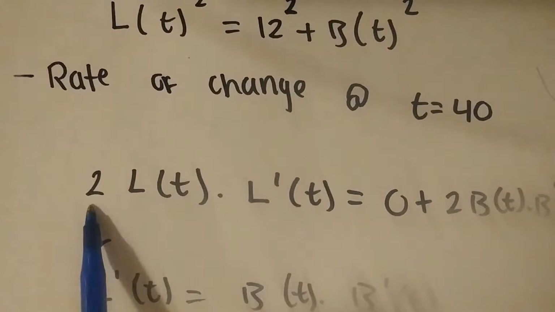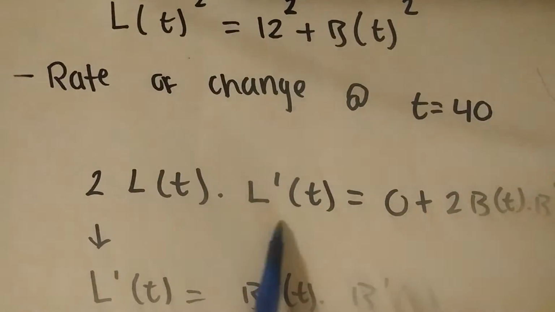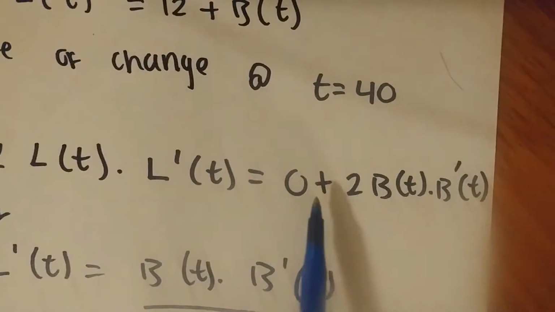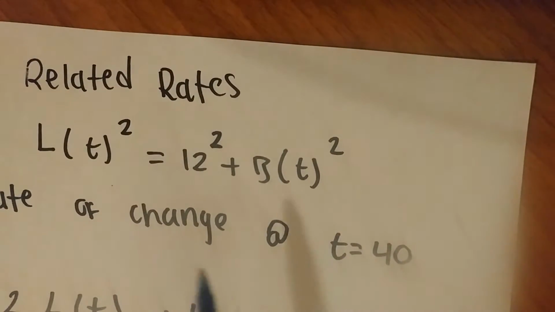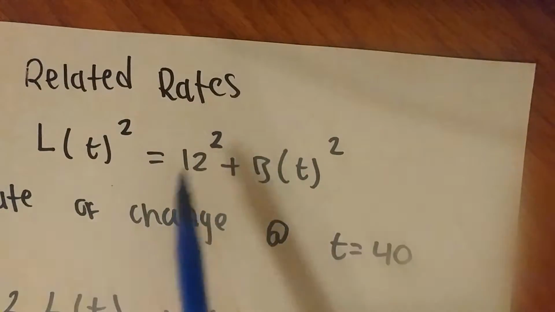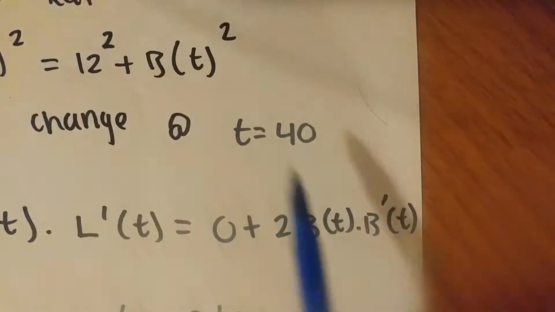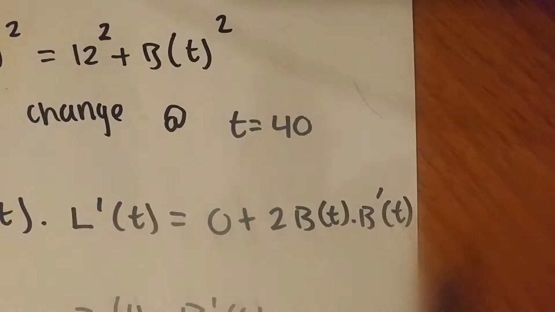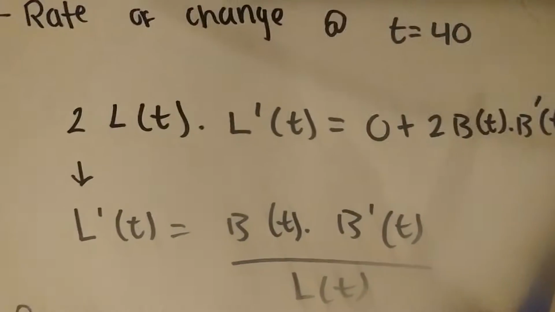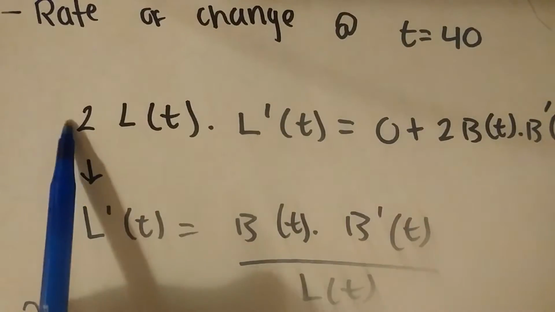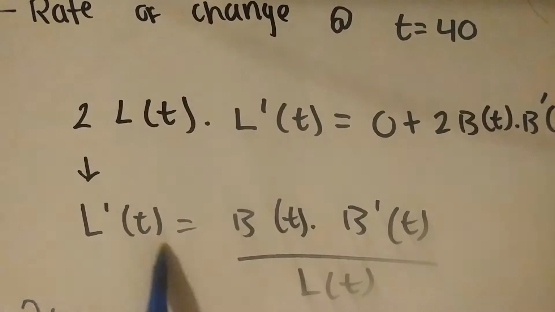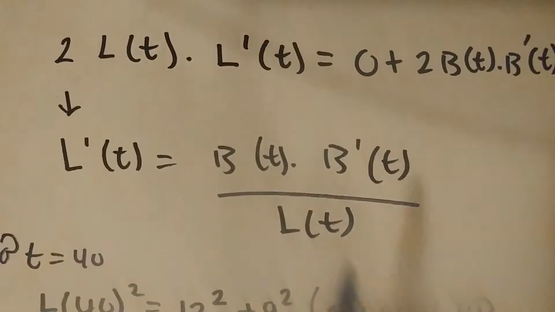So it'll be 2L of t times L prime of t, and I did this using the chain rule, and same thing for this side. The derivative of 12 squared is just 0 because it's constant, and then same thing, chain rule, b of t times b prime of t. And then to simplify this a bit, just move this over to get L prime of t by itself. This is just rearranging, nothing too complicated.